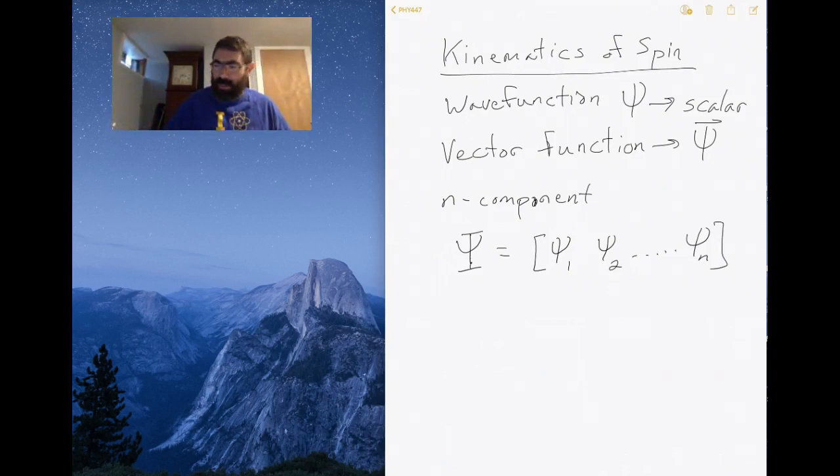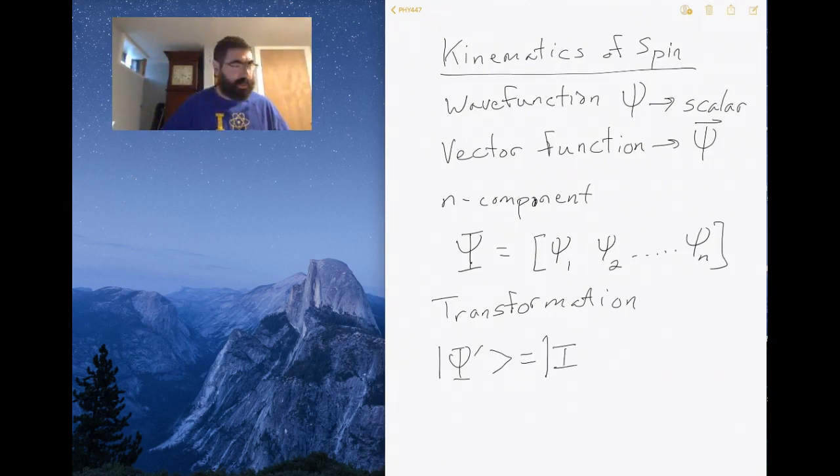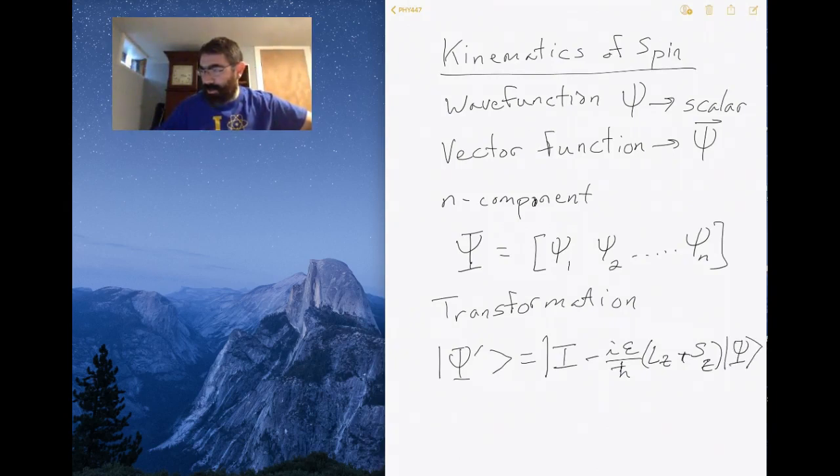So I'm going to write down a transformation of a state: psi prime is equal to the identity minus i epsilon over h bar, the orbital angular momentum operator plus the spin operator, and all of that is acting on my function psi.